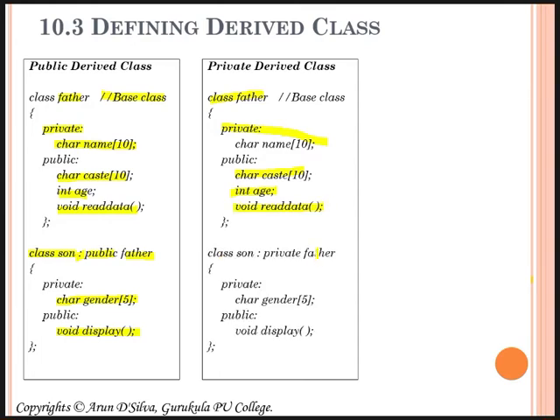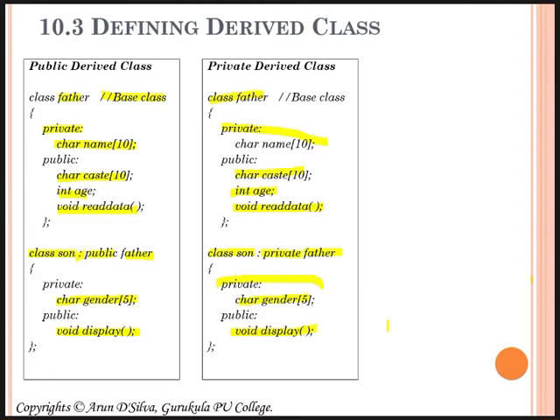And I have created the derived class, class son, but the visibility mode here is now private, and the base class name is father. Now here I made use of the same thing: in the private section I created the gender member data, and in the public section void display is there as a member function. But here the visibility mode is private.